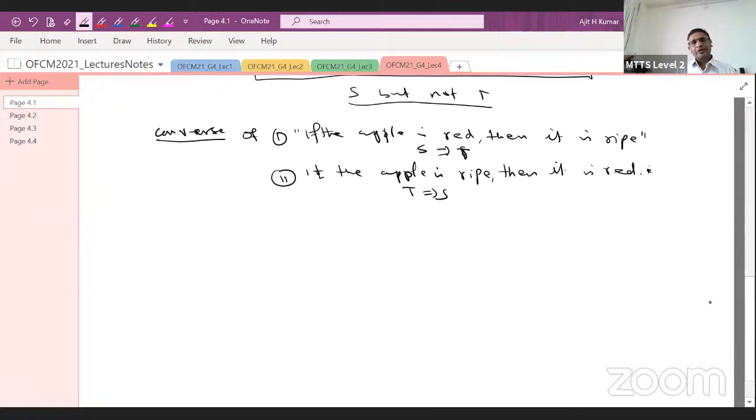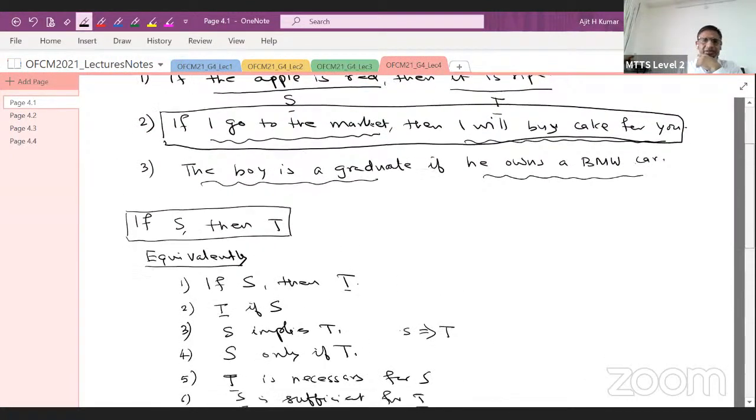Many times when you are asked to prove some statement of this nature, there is always some confusion about which one is necessary and which one is sufficient. So always keep this in mind.